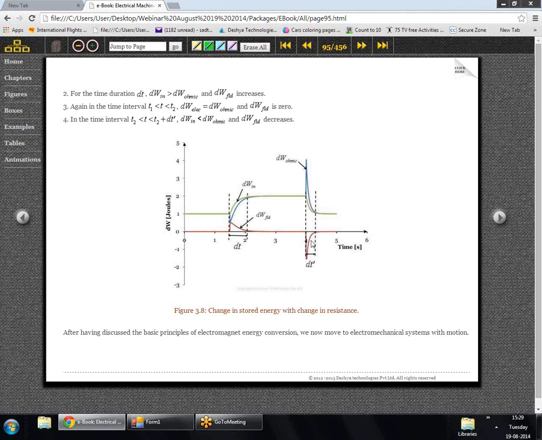So whenever we reduce the current, we release the magnetic energy stored in the system, and whenever we increase the current, we increase the magnetic energy stored in the system. So an increase in the current is associated with an increase in the stored energy, and a decrease in the current is associated with a decrease in the stored energy.